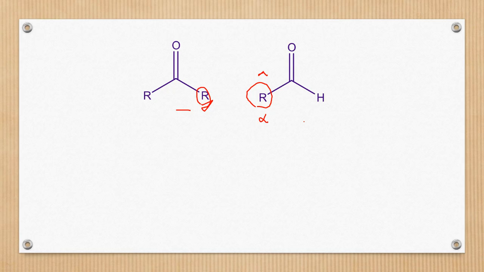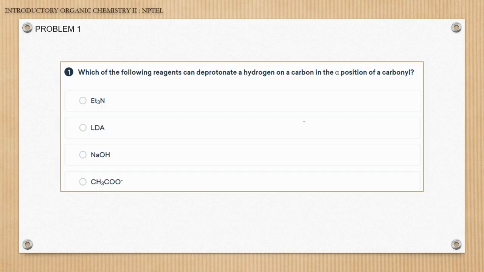So in carbonyl compounds, the acidity of the protons at the alpha position of the carbonyl carbon is not that high. That is why you need a very strong base to deprotonate the hydrogen present at the alpha position of the carbonyl compounds. Okay.